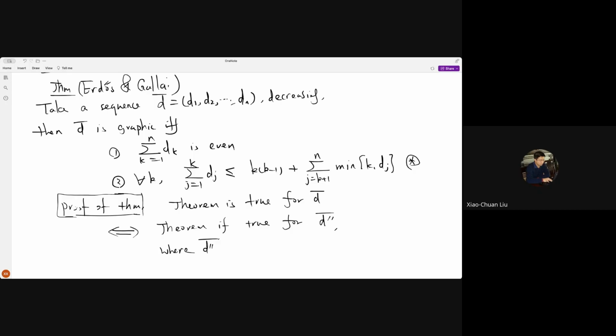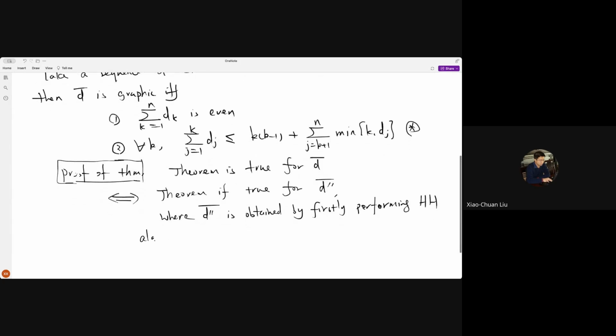by first performing the HH algorithm, and then reordering.